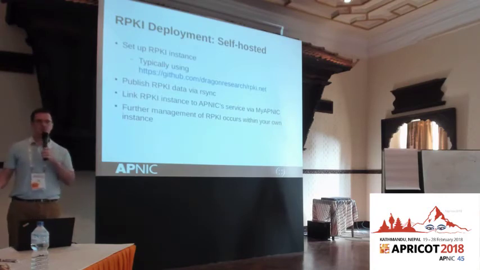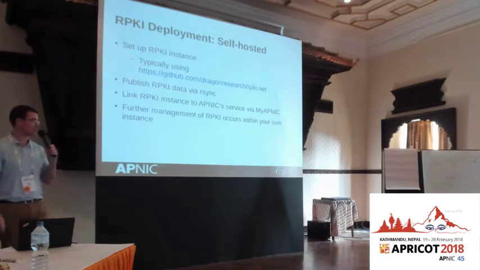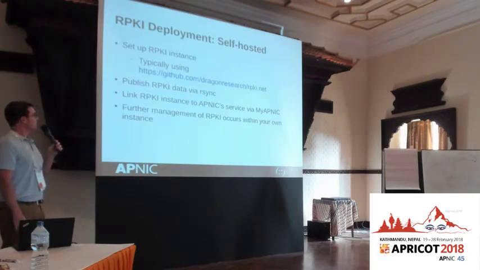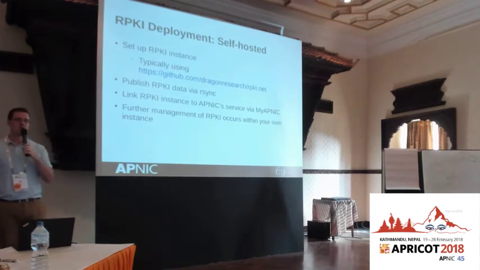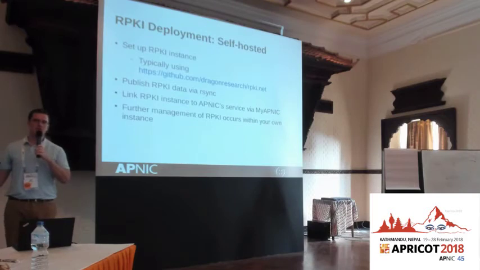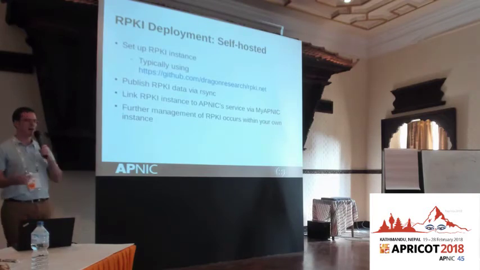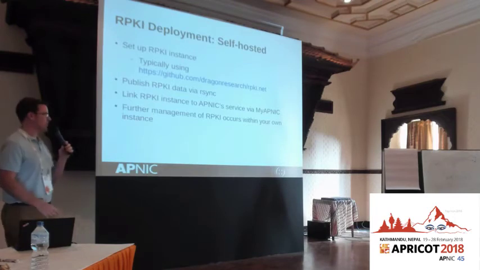But of course, the protocols are all standard, so if you had unlimited time, you could always implement your own CA software. After that, you need an rsync server to publish your repository content. Then you need to link your setup to APNIC setup via MyAPNIC. But after that, all of the ROA creation, customer creation, things like that, happen on your side in your network.